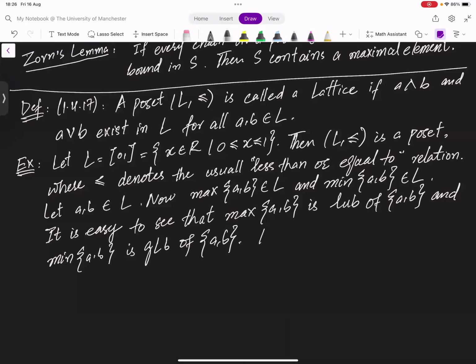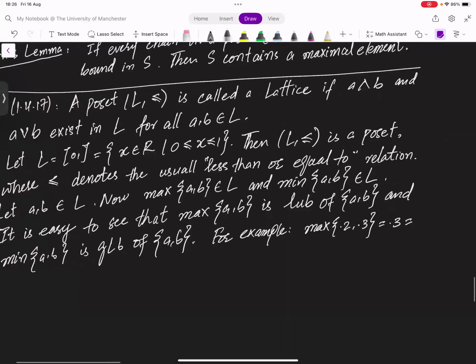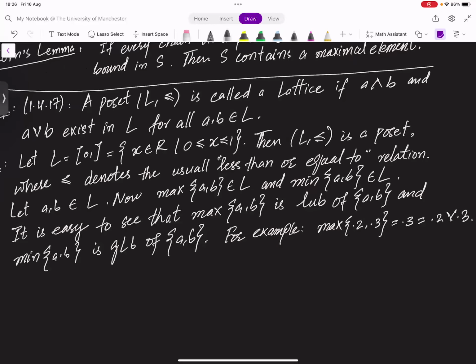For example, max of 0.2, 0.3 is 0.3, which is the least upper bound of 0.2, 0.3.